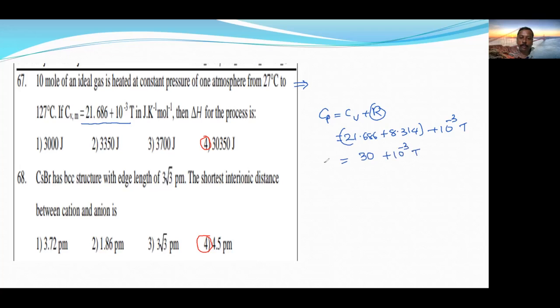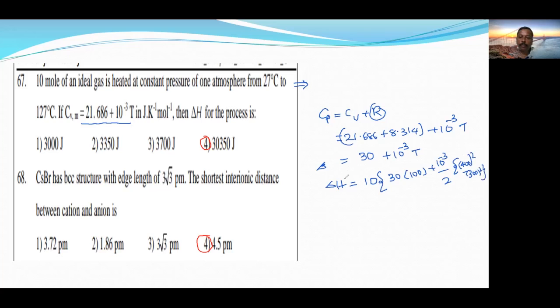We already know that Cp gives delta H. Delta H is for 10 moles; this is for 1 mole. So 10 into 30 into 100, where 100 is the temperature change, plus 10 to the power of minus 3 by 2 into T2 squared minus T1 squared, that is 400 squared minus 300 squared.